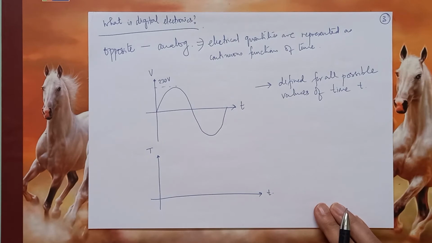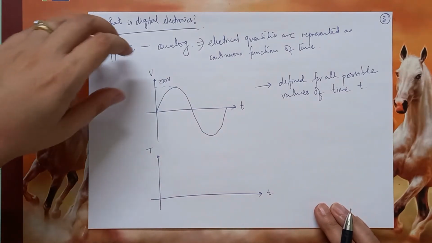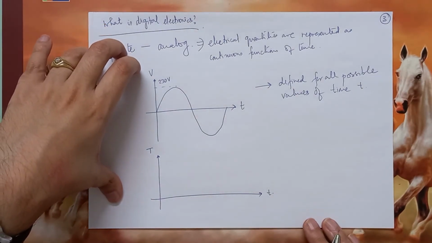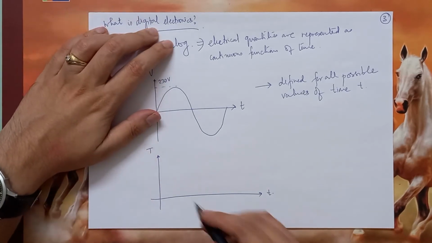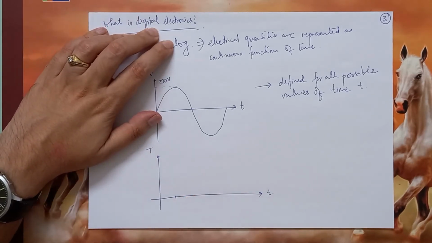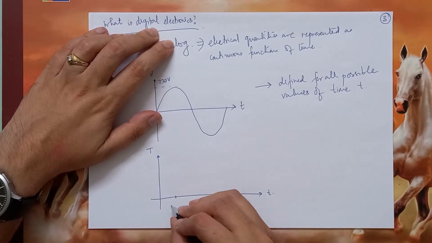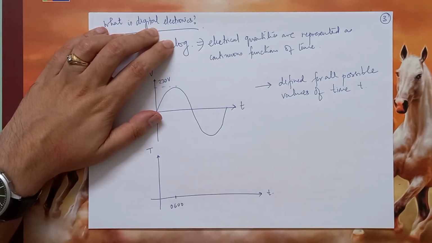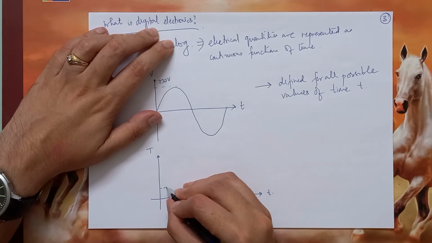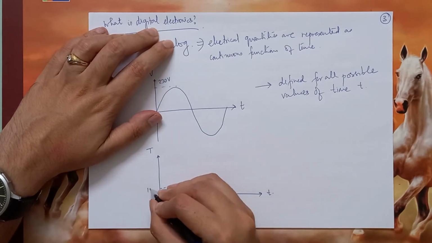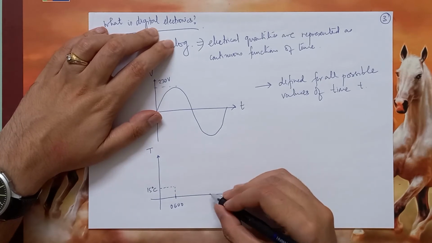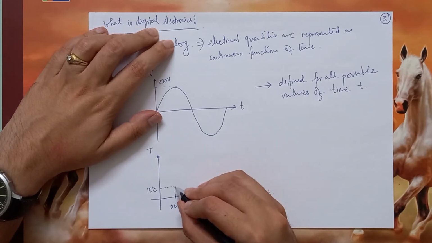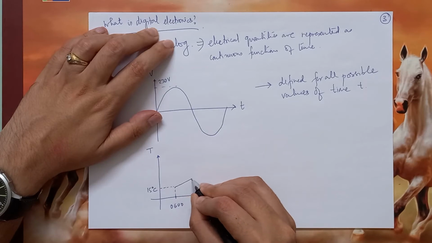What we can say is that, let's say it's a winter's day somewhere in India. Let's say at 6 in the morning, we measure the temperature. It's close to 15 degrees Celsius. And then it continues to increase as the sun comes out.